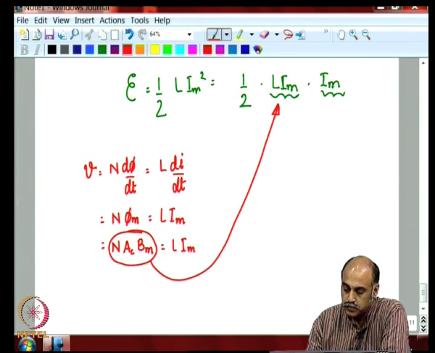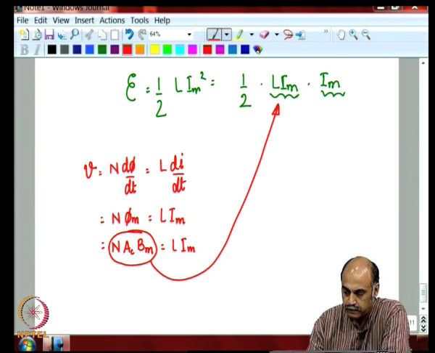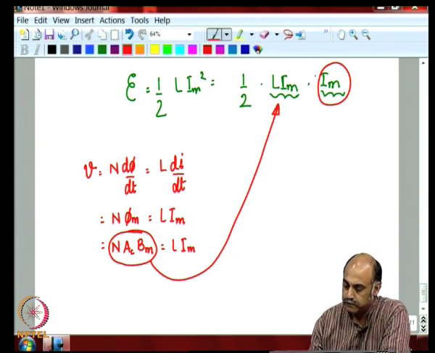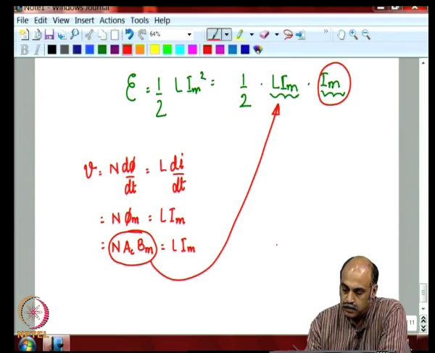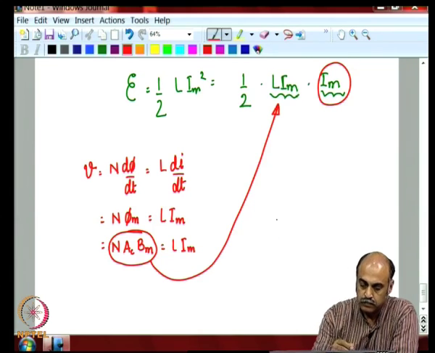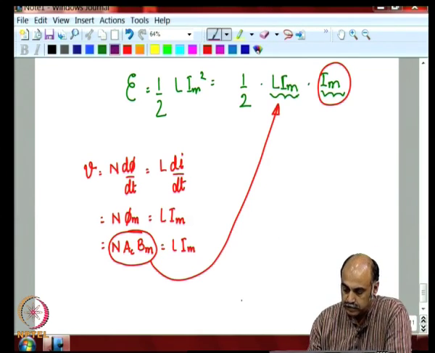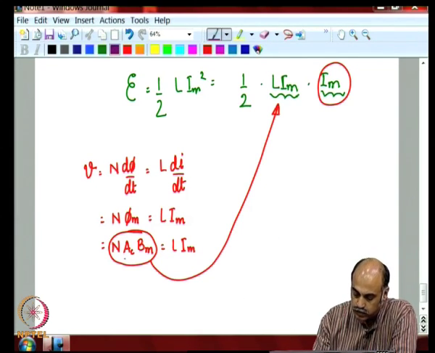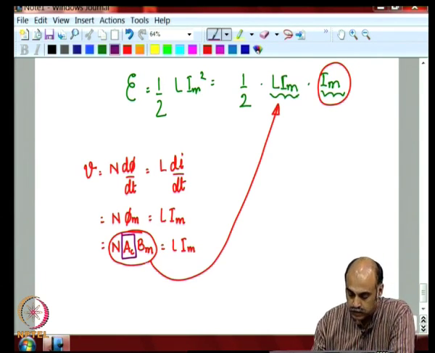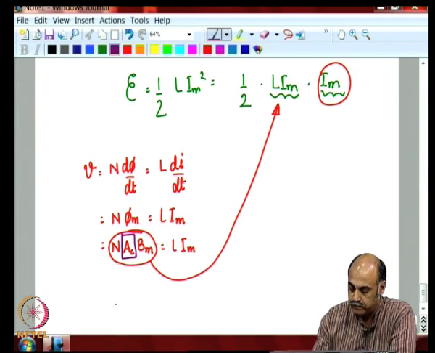Now, let us come to the other aspect. Let us take another physical parameter. Notice here we are trying to relate to this physical parameter, that is core cross section area.